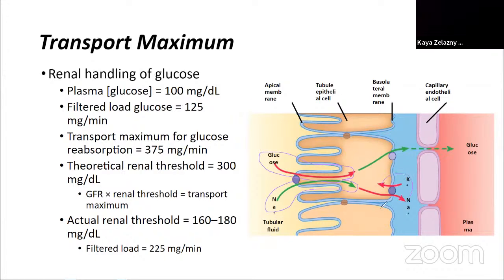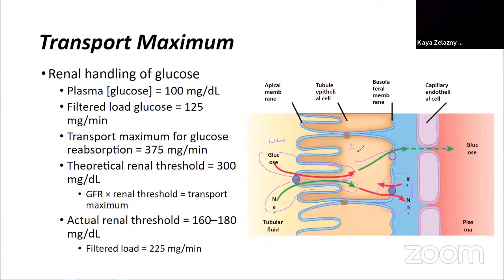We have a sodium potassium pump, keeping that sodium gradient steady. So making sure we always have low sodium in this cell, no matter how much sodium has moved into it. So just sort of maintaining that gradient. But now that the glucose is in the cell, it now has a high concentration of glucose in the cell, so it can move down its gradient passively from the basolateral membrane into the blood. So if we were to just look at the glucose gradient, we would say it's kind of low relatively in the filtrate.